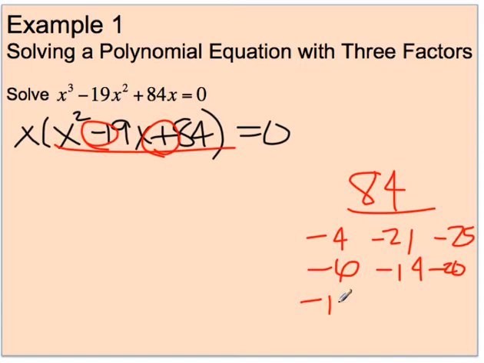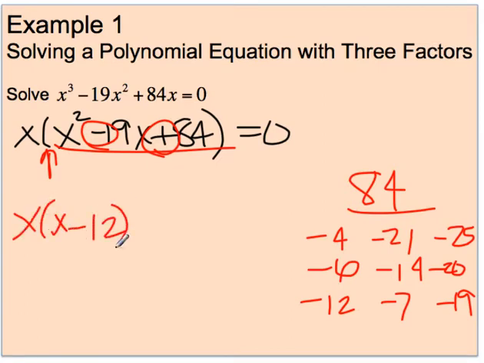So let's skip to negative 12. Negative 12 times negative 7 would give me positive 84, and this is the set that gives me negative 19. Since there is no coefficient, I can skip straight to the answer here. I have x times x minus 12 times x minus 7, and that equals 0.